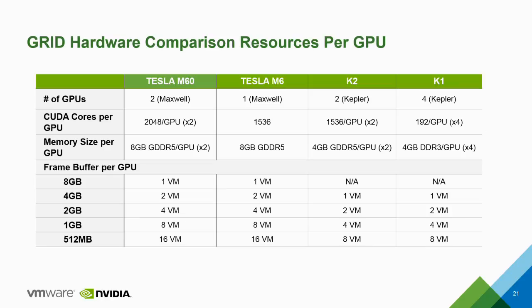So what does this mean in terms of the lineup? Now we've got K1s, for those that raised your hand. We've got K2s, for the rest of you that raised your hands. And now, for those users that need that additional frame buffer, that next level of performance, as well as, and I'm going to get into a little more about this, the support that needs to be offered. Things that are being asked for by customers are, you've asked me to move my workstation users, those critical users, critical apps, critical work, into the data center.